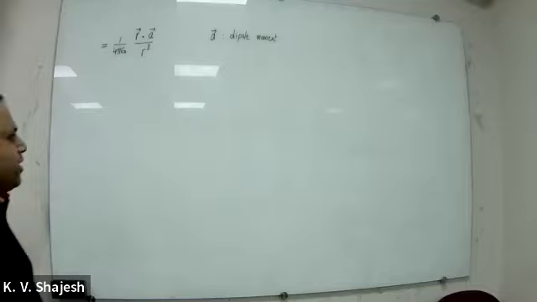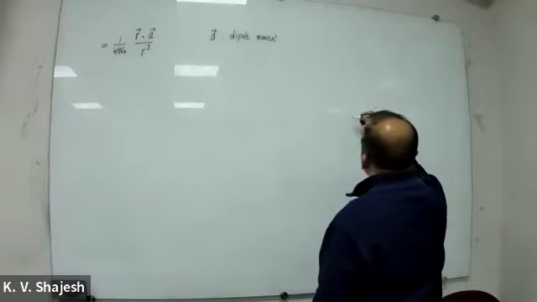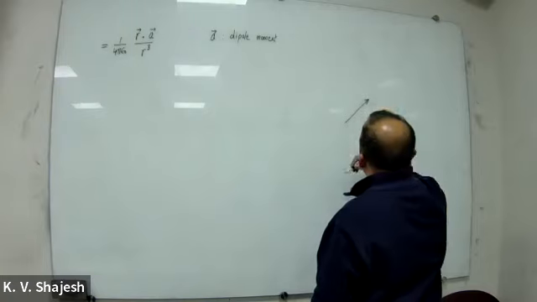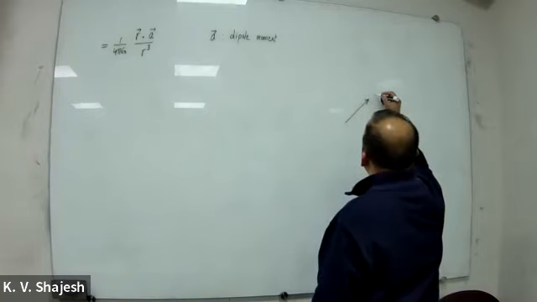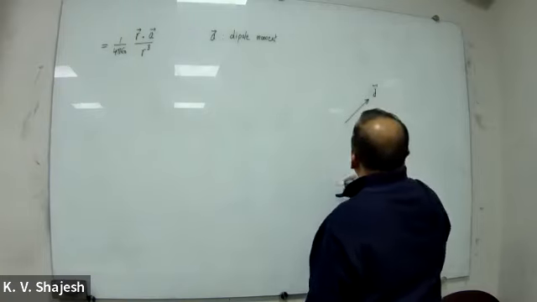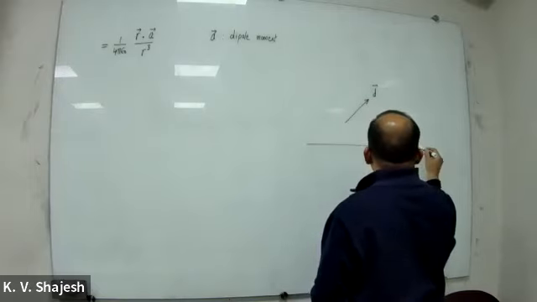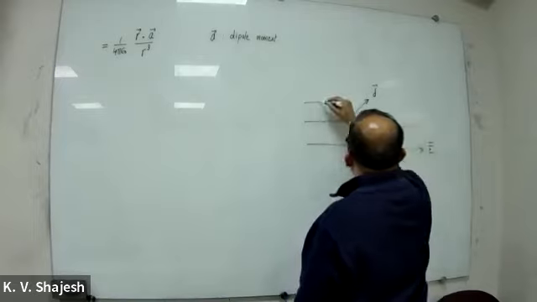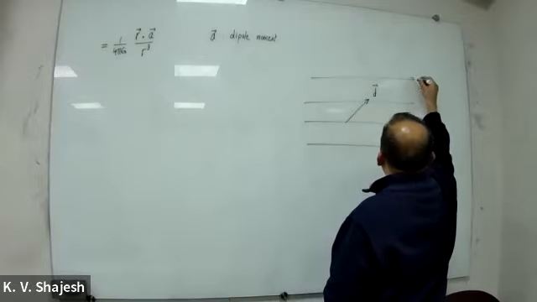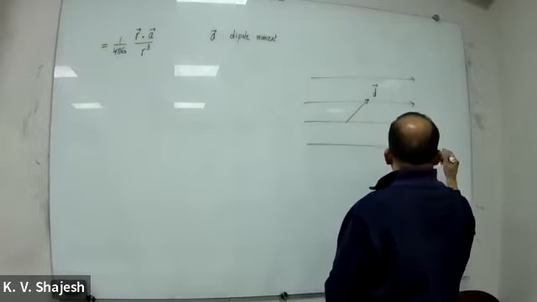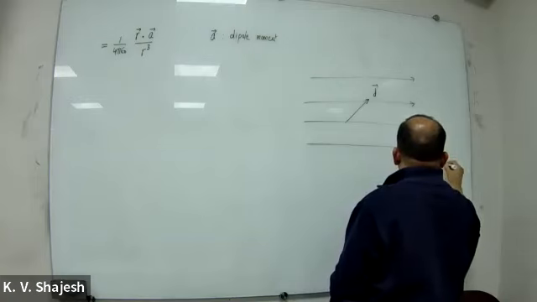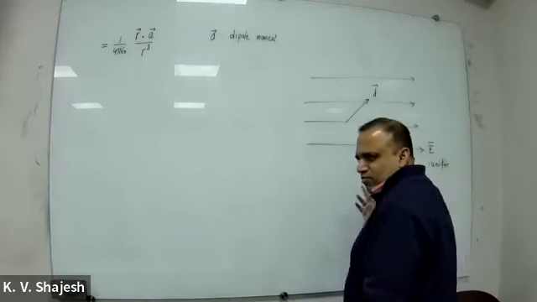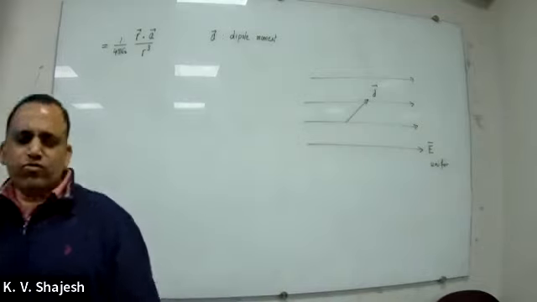So what I meant was that if you have a dipole, right? Let's call that D. And you place it in an electric field, right? Let's say this is uniform. It doesn't have to be uniform at all, but for the time being, let's say it is uniform.